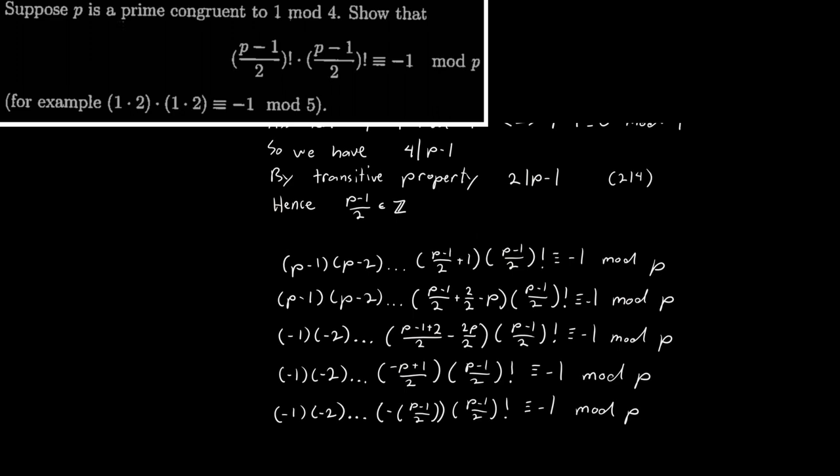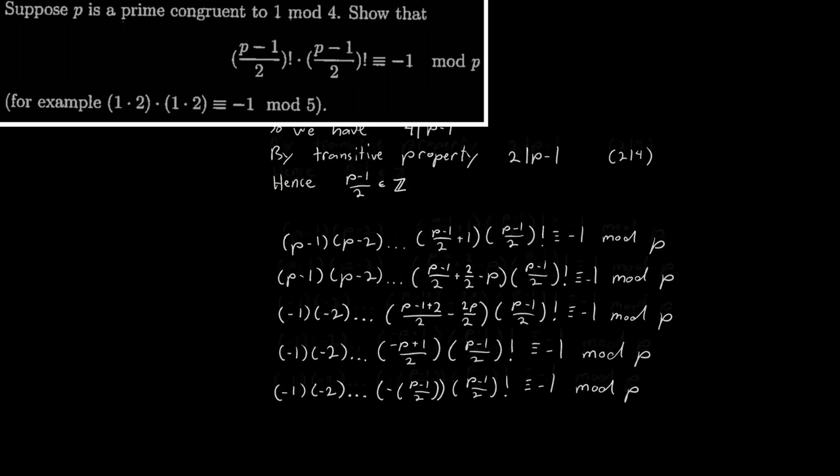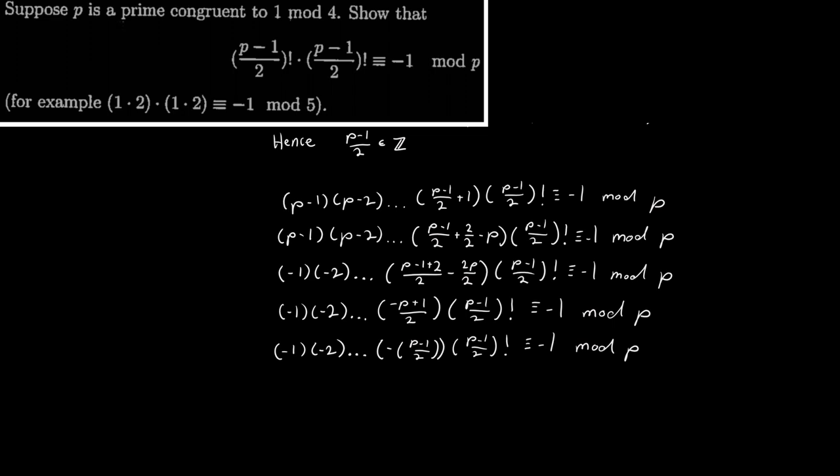It's just that we have negatives in all the terms, and if there's an even amount of these, then all the negative ones will multiply out to 1. But if there's an odd amount of them, then we'll get an extra negative term, which we don't want.